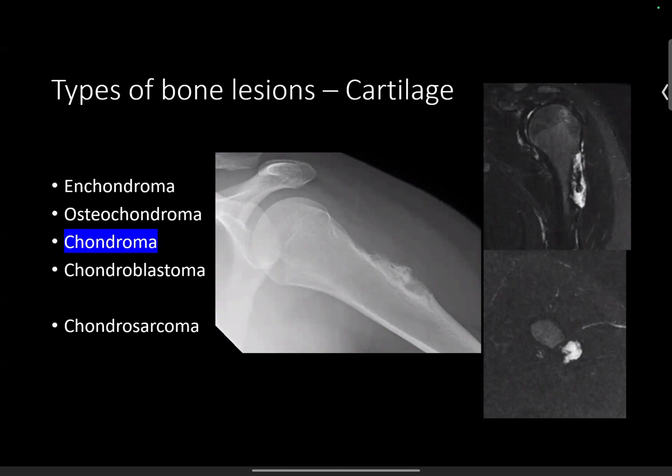That's very characteristic for a chondroid type lesion, and I like that to push me to say something is a chondroid lesion. If you have a little bone cyst, it's not going to have that little microlobulated margin.